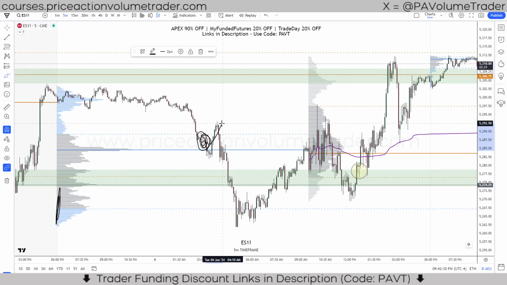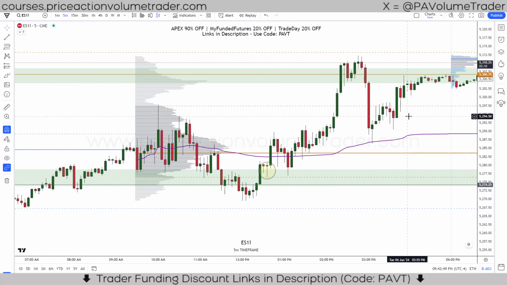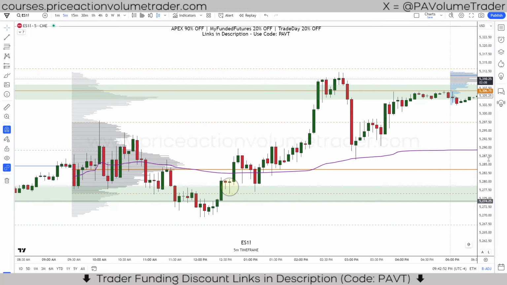We had a little push up, big move down, and then we just started trending back up from 5 until 9:30 a.m. Eastern when regular markets open. And then once we had that open, let me zoom in here now so you can get a little more detail.